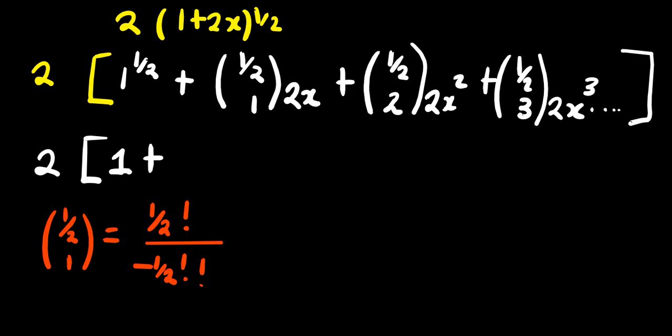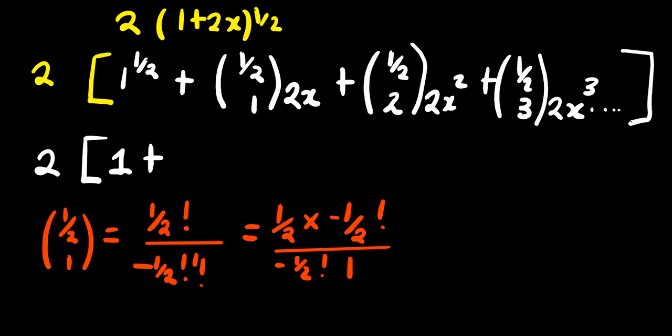Then we're going to solve. So on top, let me subtract the 1. Half minus 1, so this is half multiplied by half minus 1, it is negative half. So allow me to end at negative half factorial over negative half factorial multiplied by 1 factorial, which is just the same as 1.